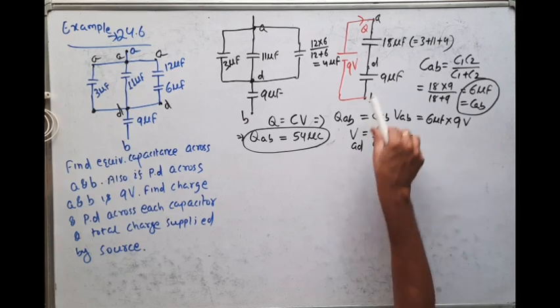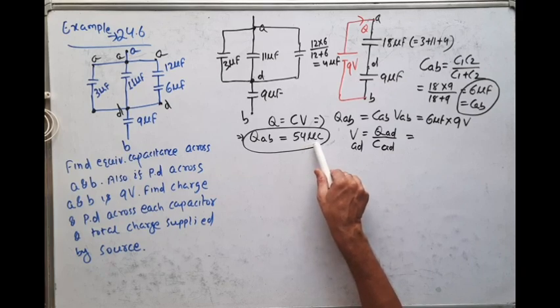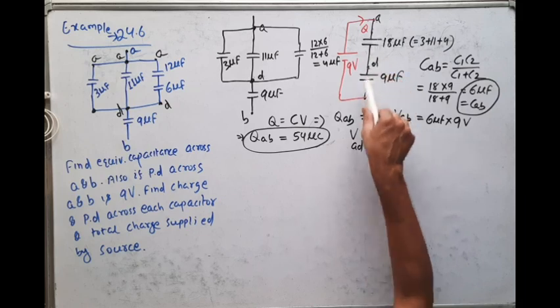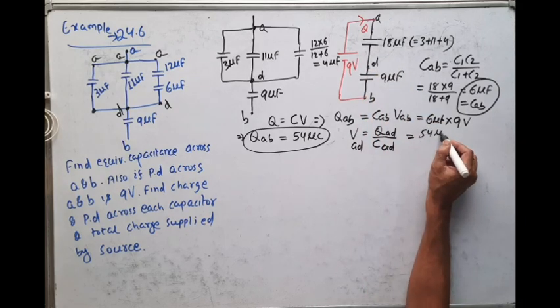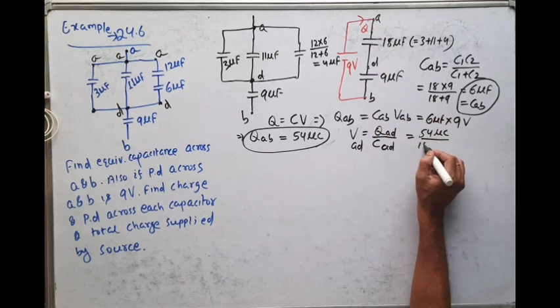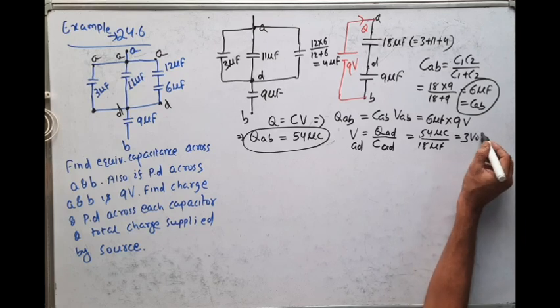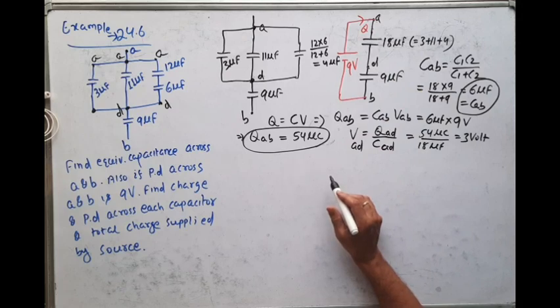Here the charge across A and D is the same, 54 microcoulomb, because in series connection, charge across each capacitor remains same. So 54 microcoulomb divided by 18 microfarad is equal to 3 volt. So voltage across A and D is equal to 3 volt.